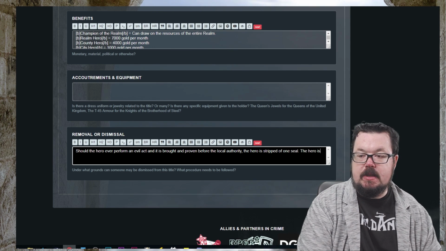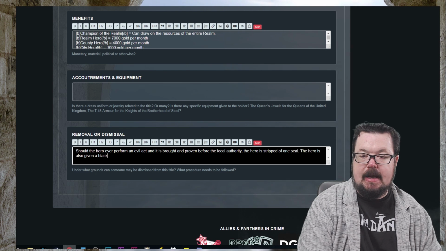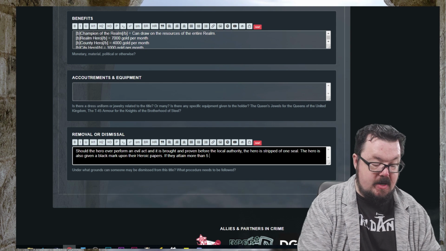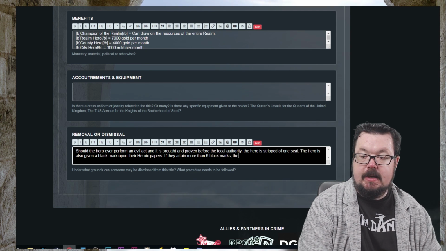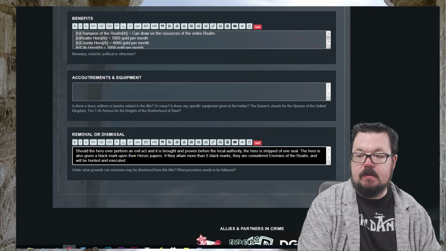The hero is also given a black mark upon their heroic papers. If they attain more than 5 black marks, they are considered enemies of the realm and will be hunted and executed. There we go. All right.